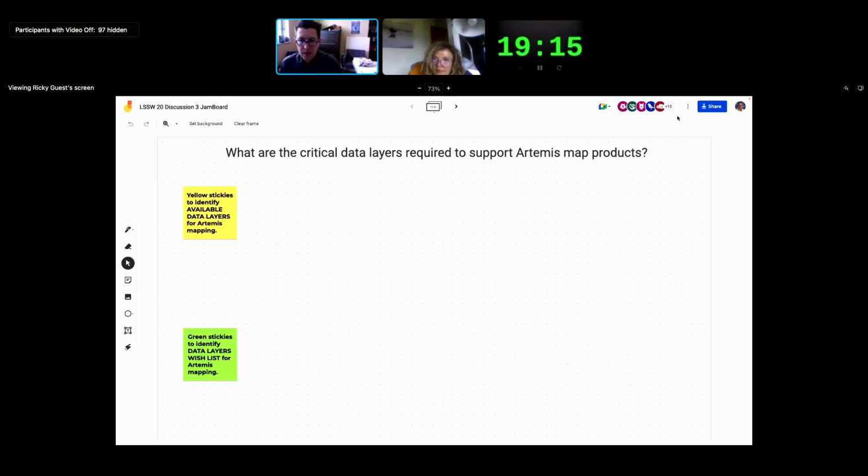Excellent. So what are the critical data layers required to support Artemis map products? And the division here is the layers that are currently available and those that are on our wish list of things we would like.